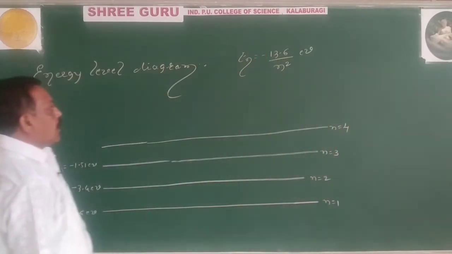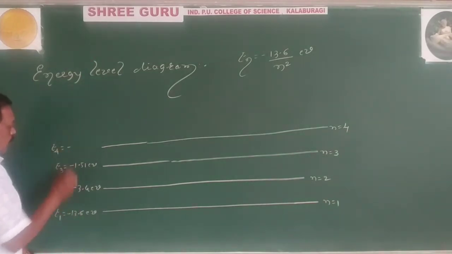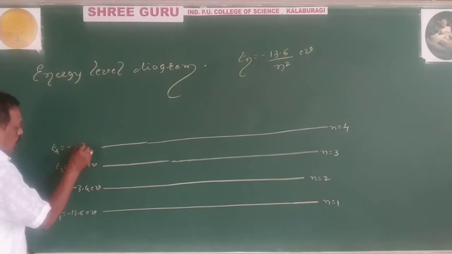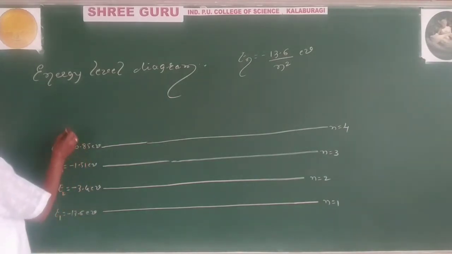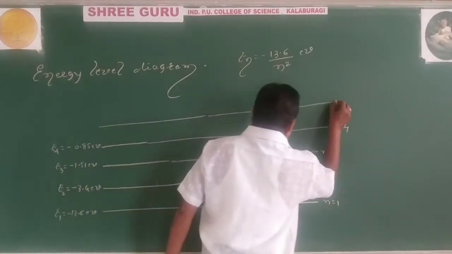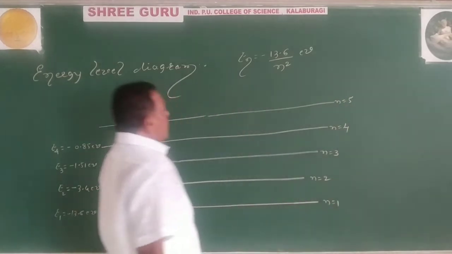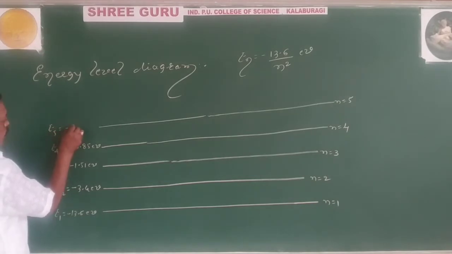Minus 13.6 divided by 4 square, 16. This is E4 equals minus 0.85 electron volt. Then I go for the fifth energy state, n equals to 5. Minus 13.6 divided by 5 square, 25. This is E5 equals minus 0.54 electron volt. You do the calculation.